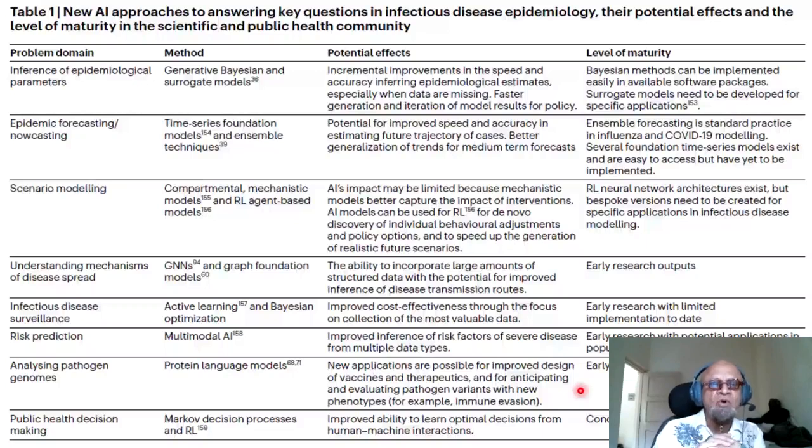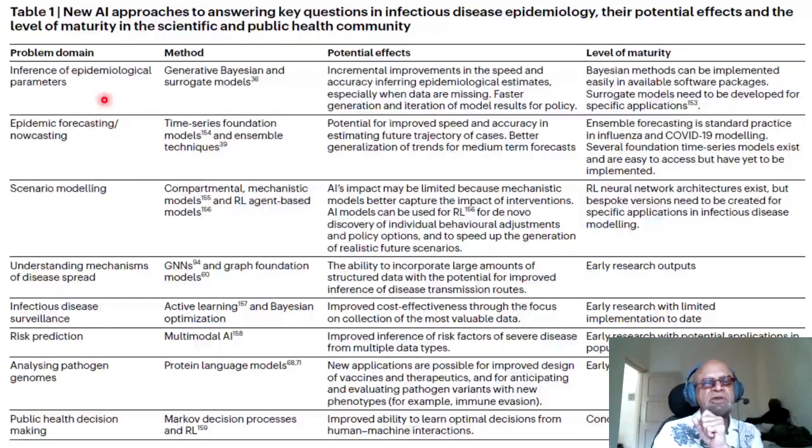I'm not going to read all the details, but basically we are looking at problem domain, method, potential effects, and level of maturity in scientific and public health communities. So process understanding may exist, but the scientific and public health community may not have translated into action items yet, for example. So let's read the top one.